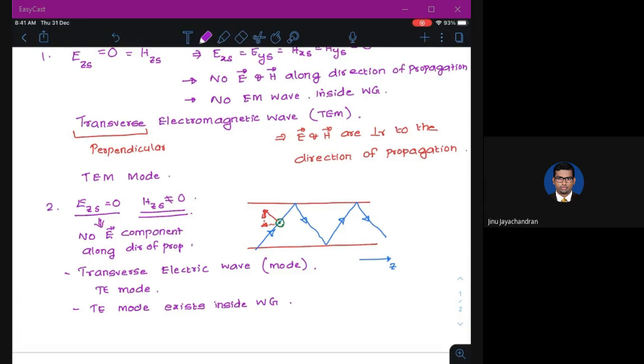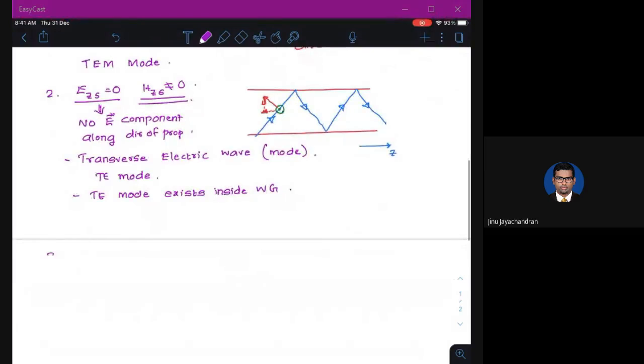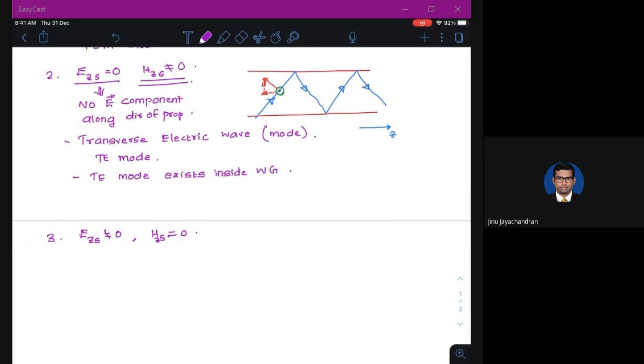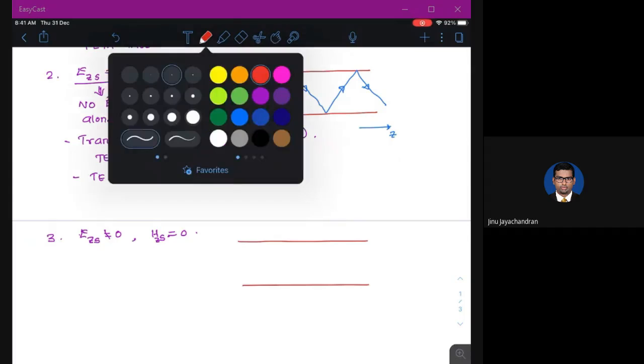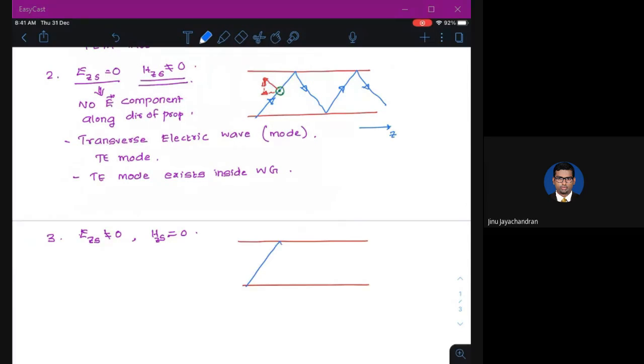Now there is one more condition where your electric field component along the direction of propagation is not equal to 0 and your magnetic field component along the direction of propagation is equal to 0. That means I have the waveguide. The wave is propagating.